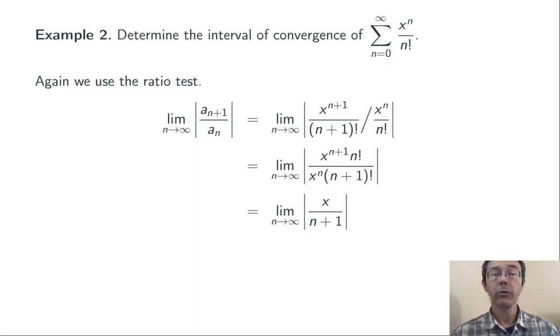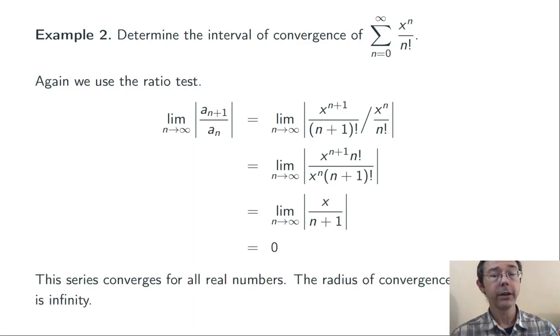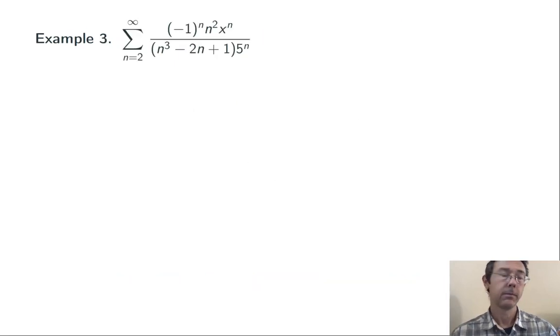Now, regardless of what x is, as n goes to infinity, this thing is going to 0. The denominator is getting large and the numerator is staying the same. Therefore, by the ratio test, this power series is going to converge absolutely for every value of x. The radius of convergence is going to be infinity.